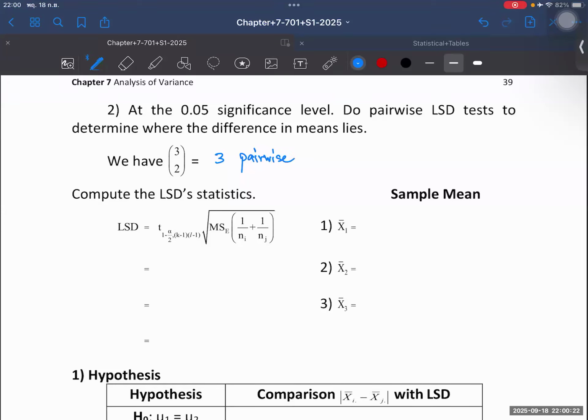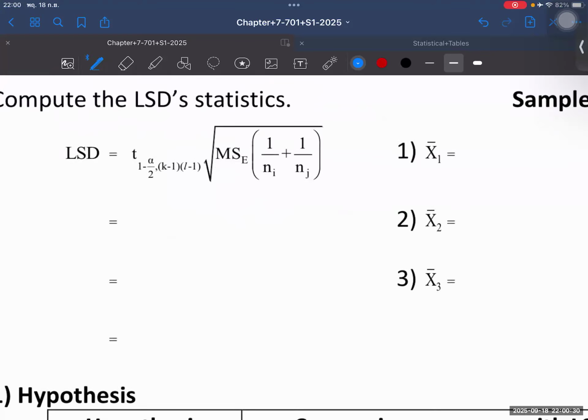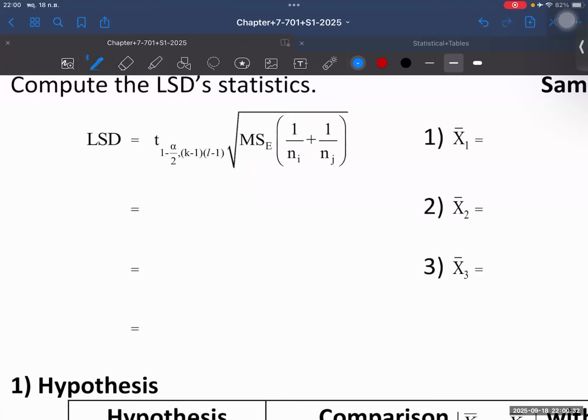Okay, and now I calculate the LSD statistic value first. So alpha is 0.05, so we have to see the t subscript 0.975 with the degree of freedom K minus 1 and L minus 1, which is 2 times 4 is 8.